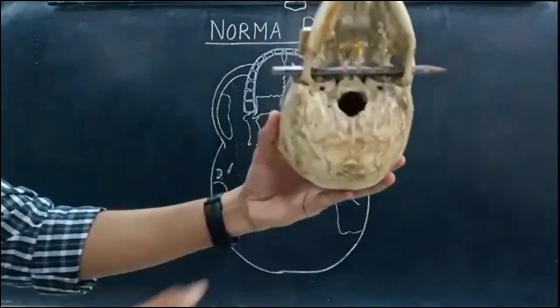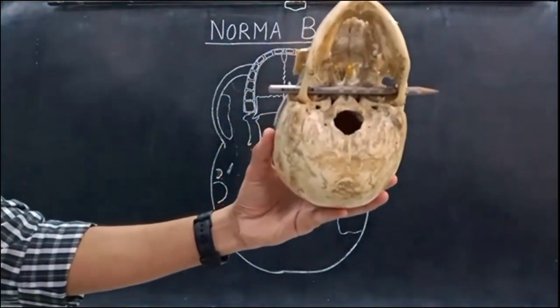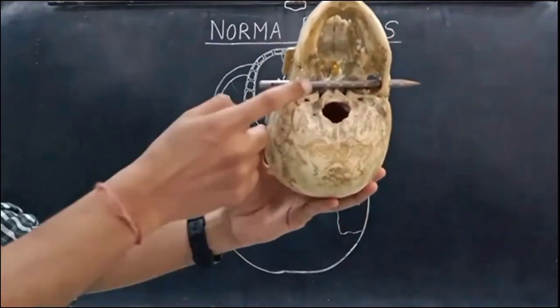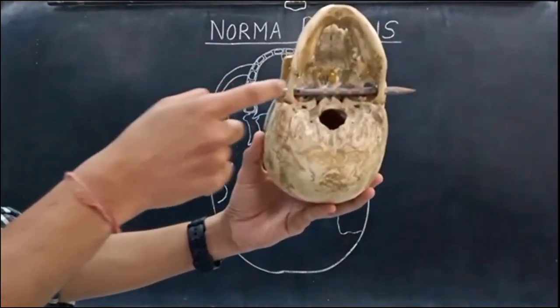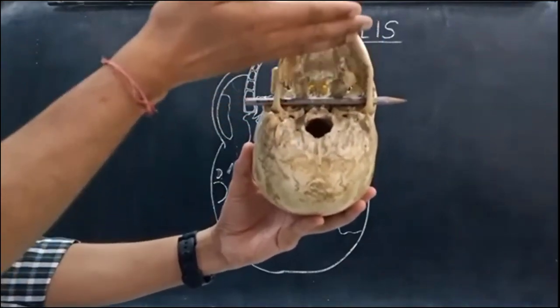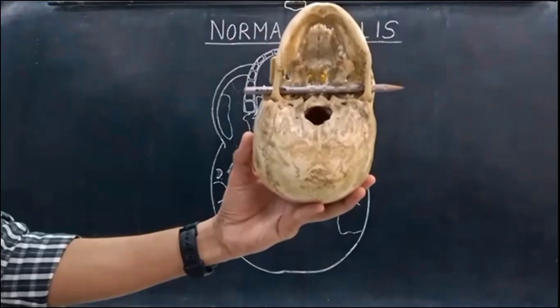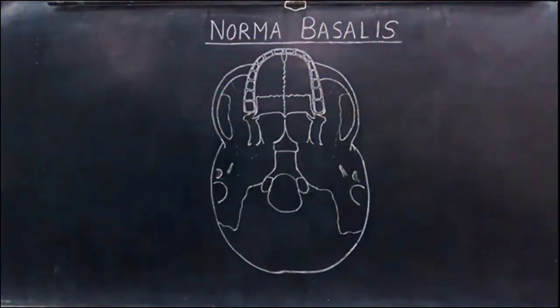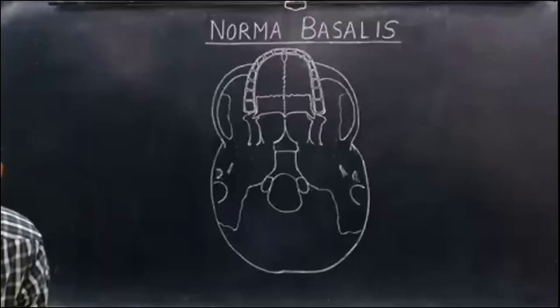Basically, that is the anterior imaginary line which we will draw. So that is the location of the anterior imaginary line. Everything anterior to it is the anterior part of the Norma Basalis. To simplify it, let us look at the diagram.